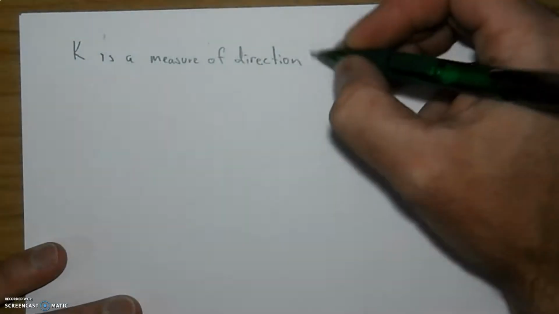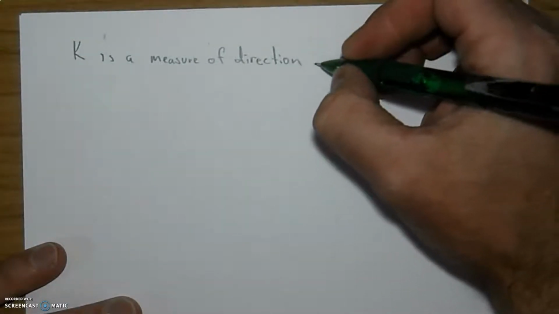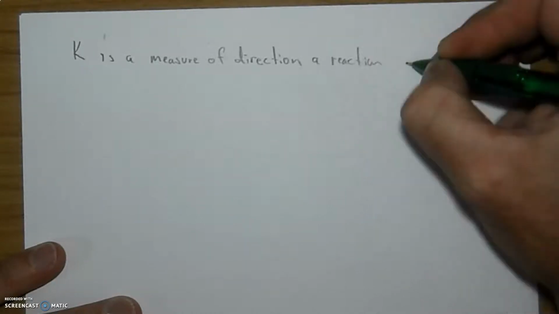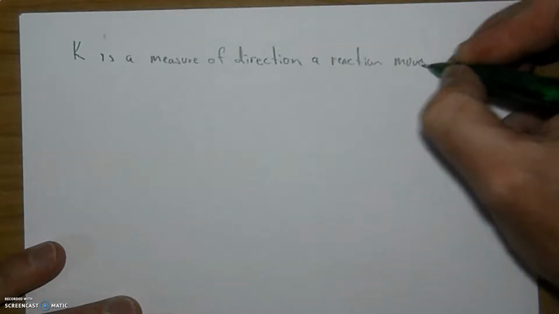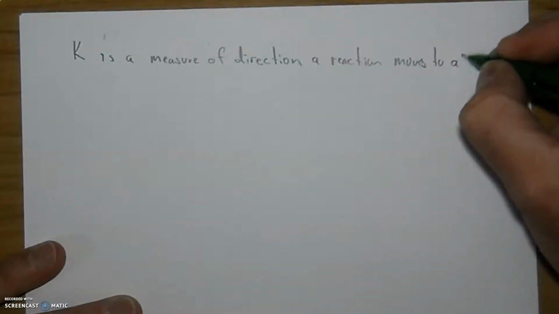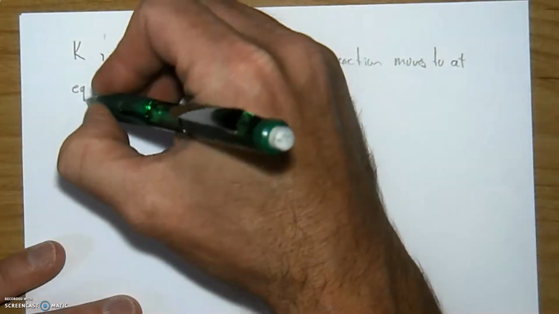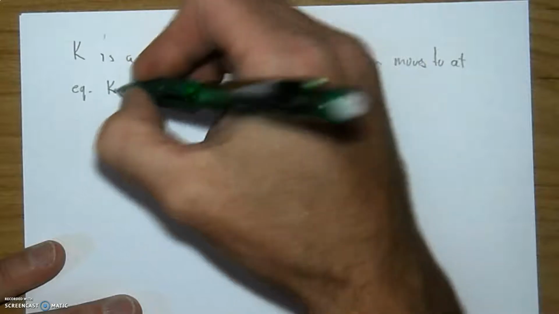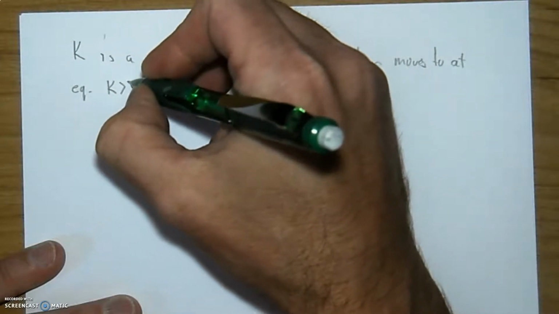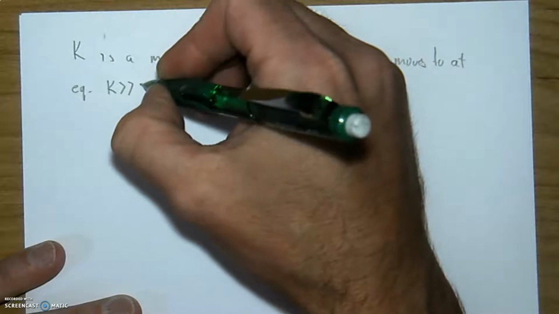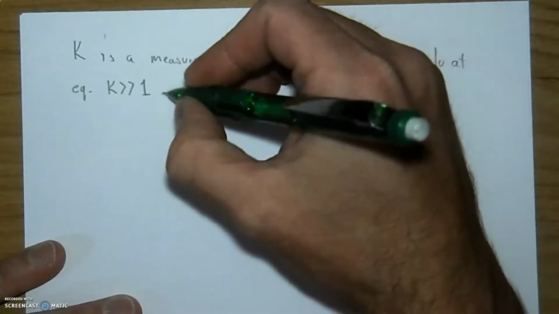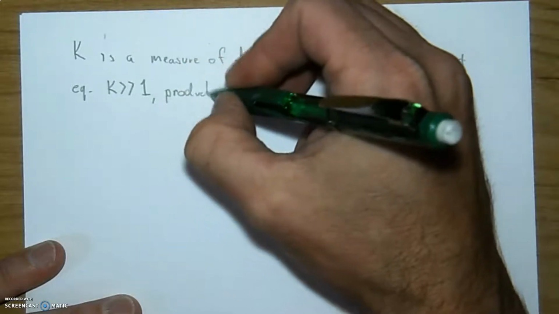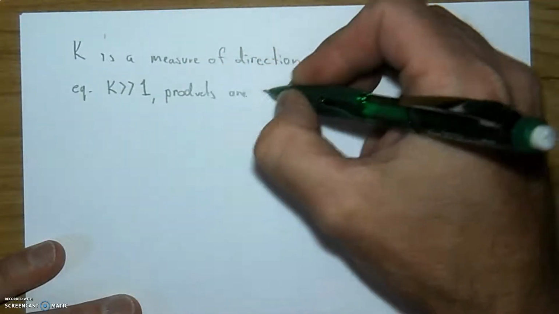All right, moving along. K is a measure of direction a reaction moves to at equilibrium. And this is my little shortcut for equilibrium. If K is very large, larger than 1, then products are favored.